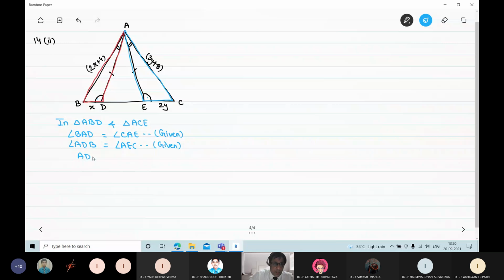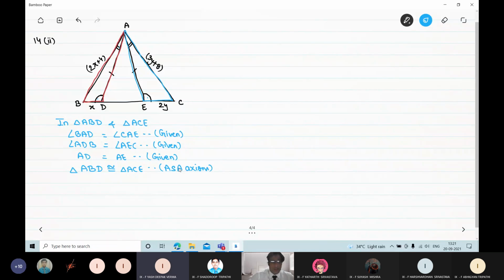And AD will be equal to AE. This is also given to us. All the three things are given. So therefore, triangle ABD will be congruent to triangle ACE, and this will be congruent by ASA axiom.